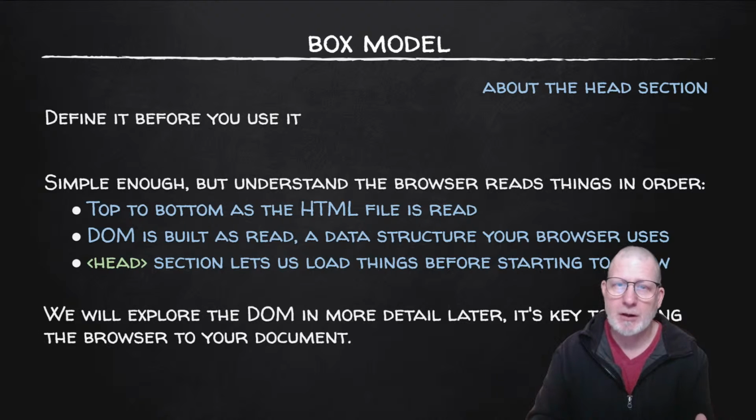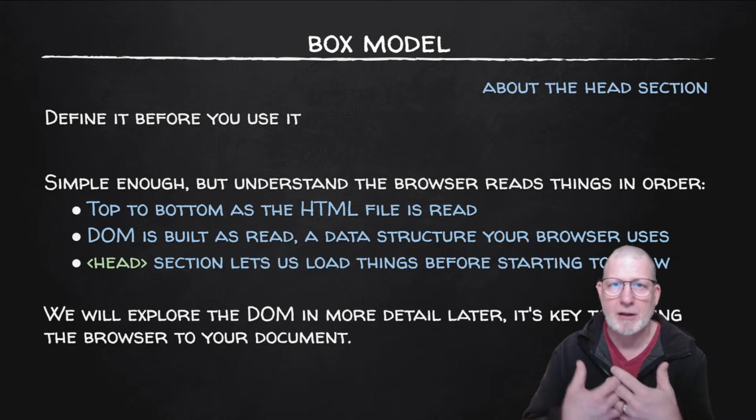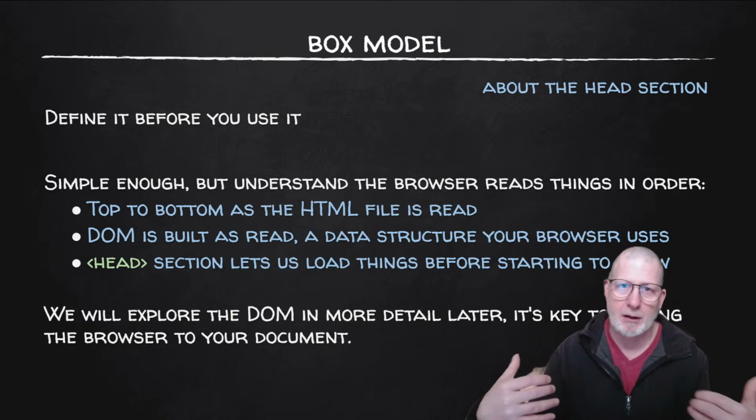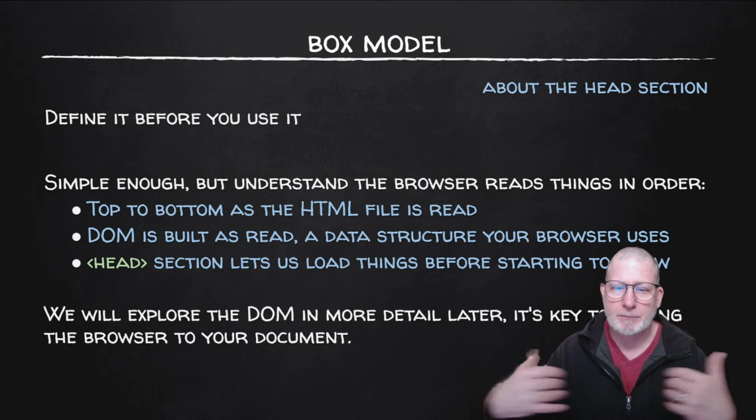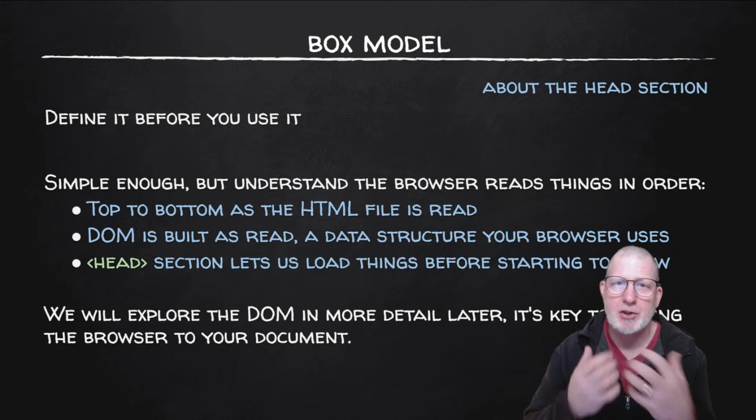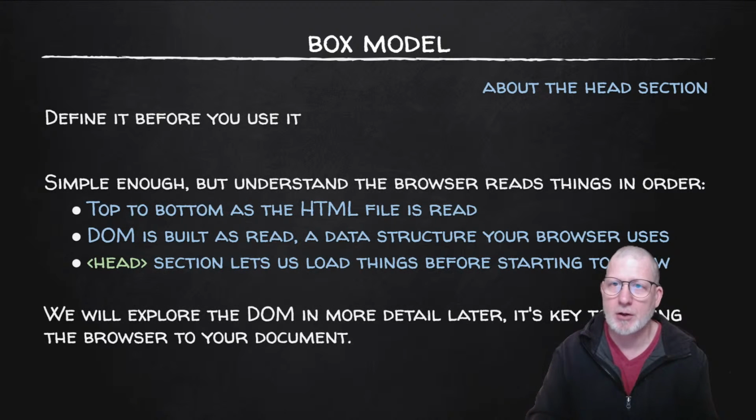And after we've loaded those, we can then attach styles to the style attribute in the individual HTML elements. At the end of the day, the styles attached to the HTML elements are the least efficient way to do things. They don't allow you to reuse things, and they become very, very tied to the HTML. And part of the whole idea of separating the CSS from the HTML is to decouple them. It gives us the ability to change the look of something without having to change all the HTML.